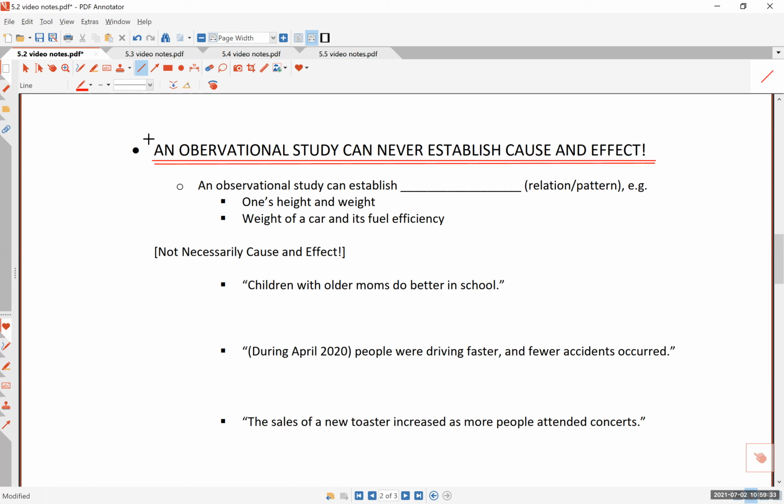The theme and a very important idea here is this: an observational study, including the case control studies we talked about, can never establish cause and effect. So you cannot say based on any observational study that this caused that. That is something that's coming up in the second part. So let's go to that second part of this lesson.